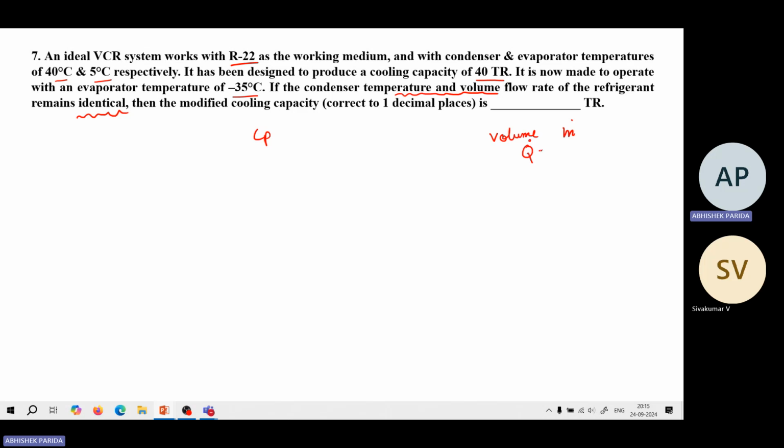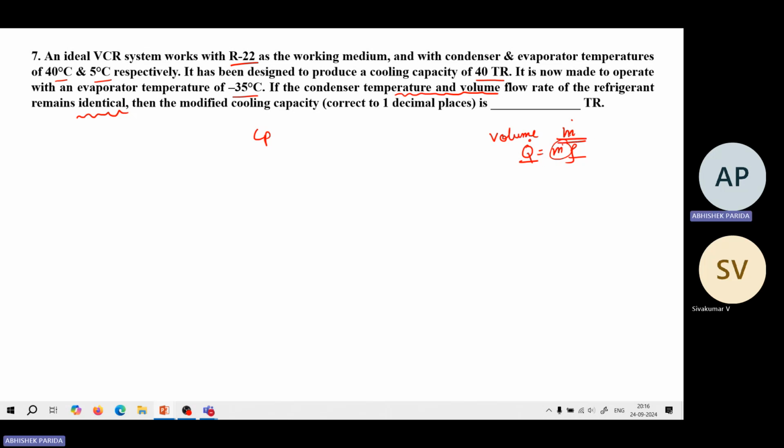That is q dot, which is mass into specific volume. To keep this the same, the mass has to change, which is a very complex thing. We don't know what the density is, and getting these values is also difficult. So for this question, unless mentioned, consider volume flow rate and mass flow rate to be the same.